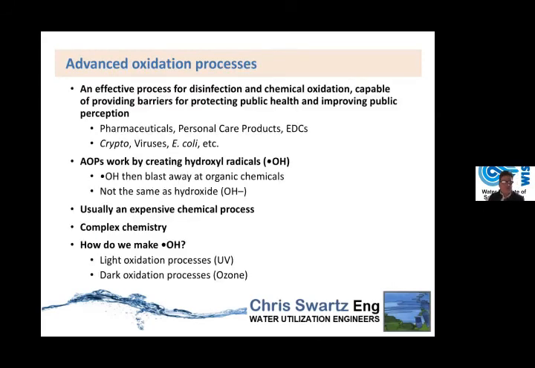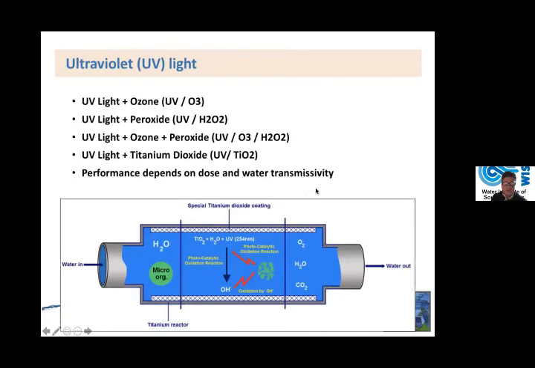And then advanced oxidation processes are very important, where you create a hydroxyl radical, which is very powerful, and you can destroy organics or break down large organic molecules into smaller chain molecules, which are more readily adsorbed in your activated carbon, for instance. Or you can totally oxidize those components.